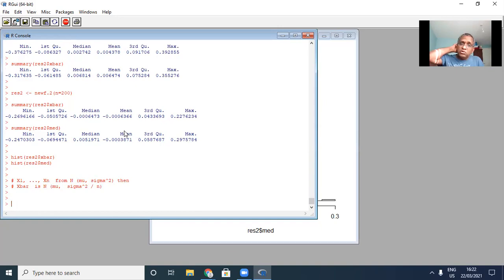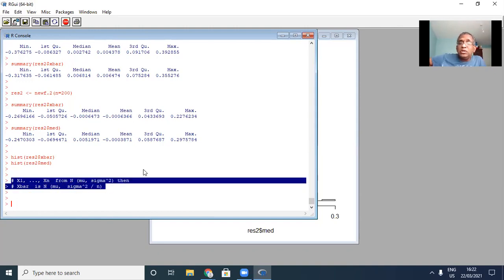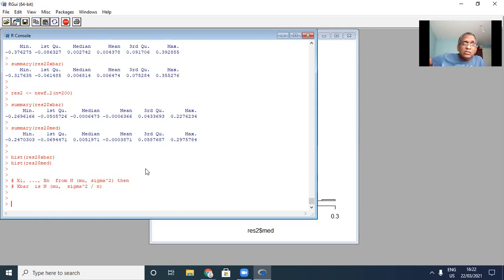Do you guys remember this property? I talked about it some time ago, I think in the video on the normal distribution. For a random sample of size n, the sample mean x bar is normally distributed with parameters mu and sigma squared by n. Now I'm going to illustrate this property using the simulated data, right?